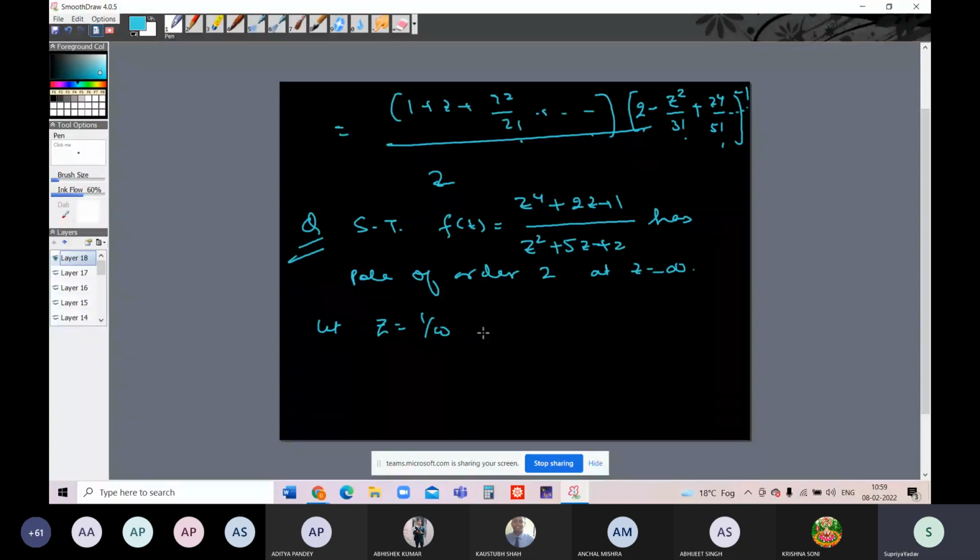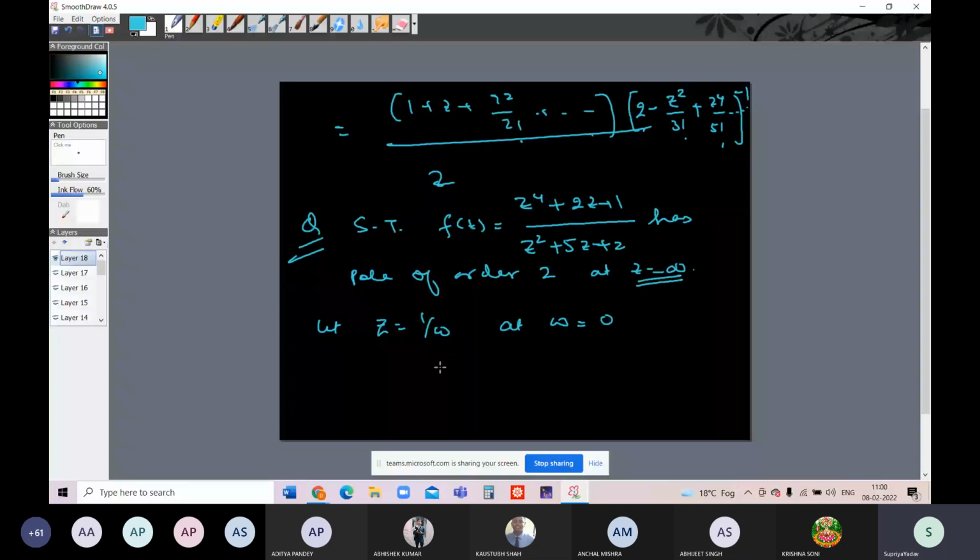So now we will discuss the singularity of the function at omega is equal to 0. Whatever the behavior of the function will be at omega is equal to 0, it will be the same behavior of the function at z is equal to infinity.